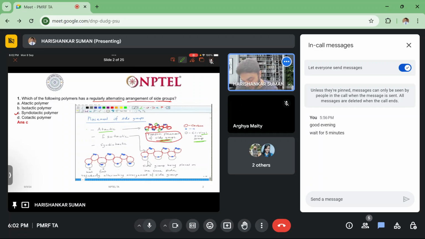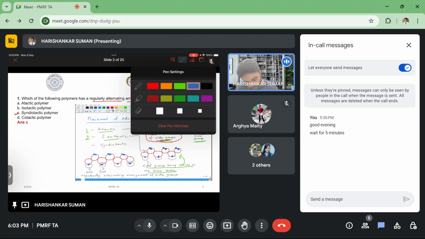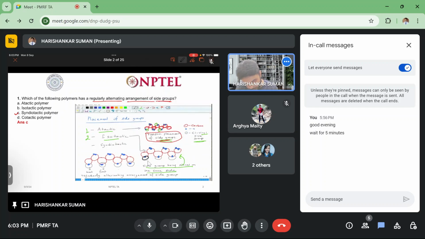Okay, second, isotactic, with side groups placed on the same side. You can see the picture, isotactic. H atoms are like that, and also the methyl group, on the same side.